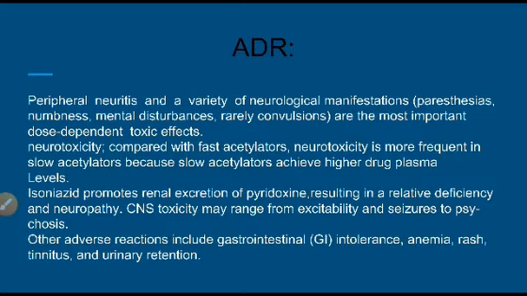Some minor asymptomatic increase in liver aminotransferase is found in 10 to 20% of patients, and in some patients fatal hepatitis is found. Other adverse reactions found: GI intolerance, anemia, rash, tinnitus, urinary retention, etc.